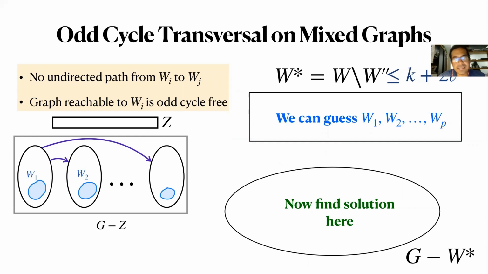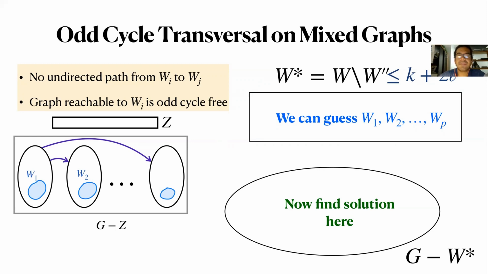The first condition is that there is no undirected path from Wi to Wj, because Wi and Wj belong to two different strongly connected components. Since they are strongly connected components, you cannot have an undirected path, because then you could have merged these two into one strongly connected component, and the fact that these are two different strongly connected components is violated.